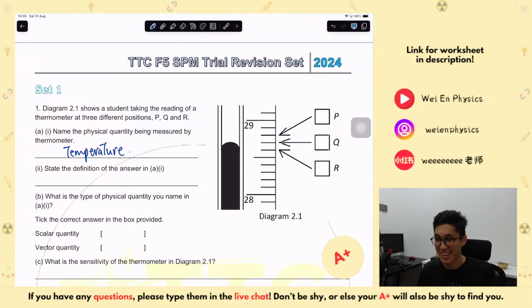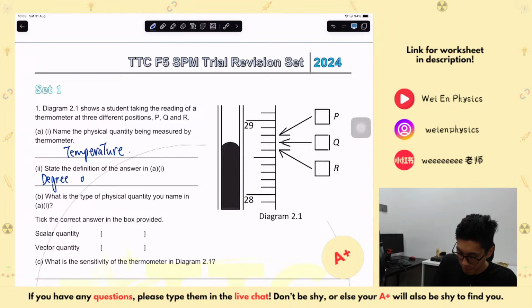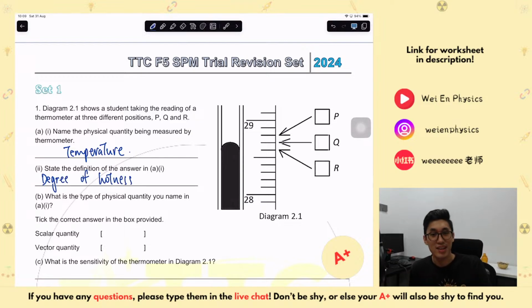In this world, cold is just a word that means less hot. Cold isn't a real thing, you cannot transfer coldness. You can transfer hotness, that's heat, but you cannot transfer coldness. So we call that degree of hotness.